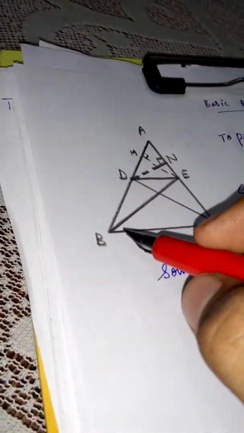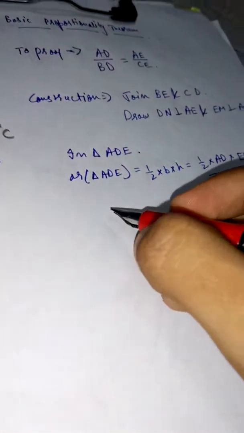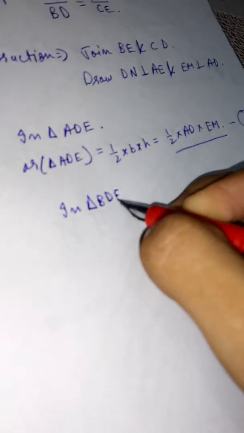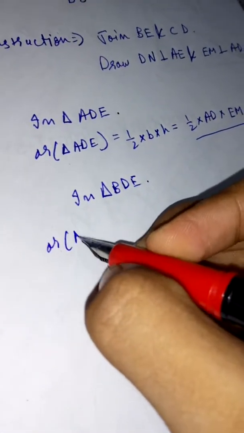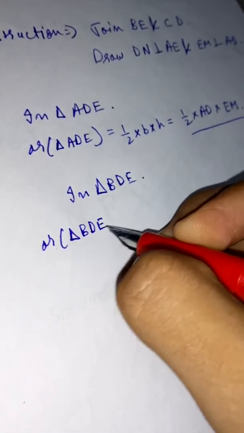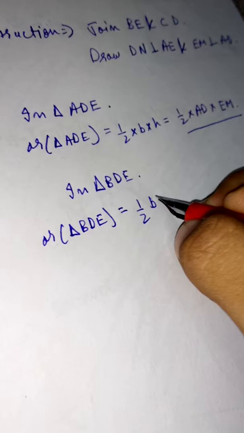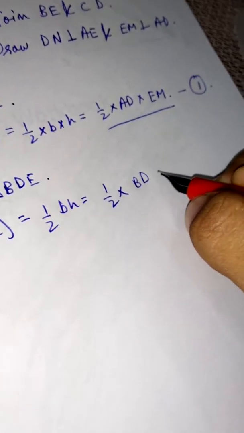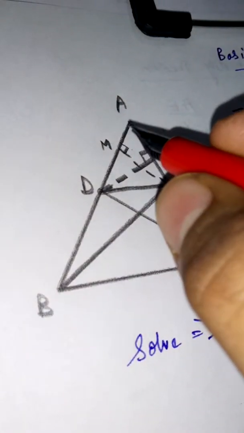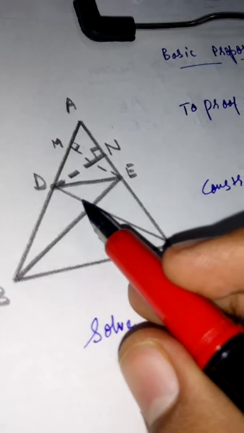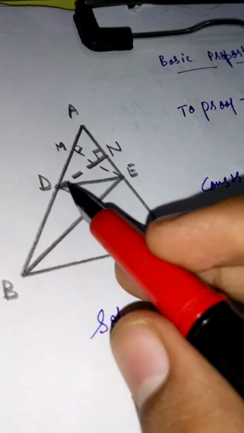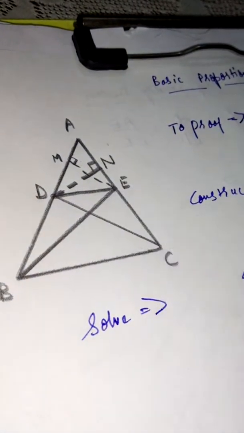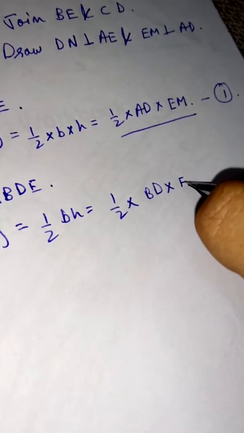Now we go for triangle BDE. In triangle BDE, we know that the area is half into base into height. So it is half into BD as the base, into EM, the common altitude we are taking because these two triangles have one side, DE, in common, so we can use the common altitude EM.